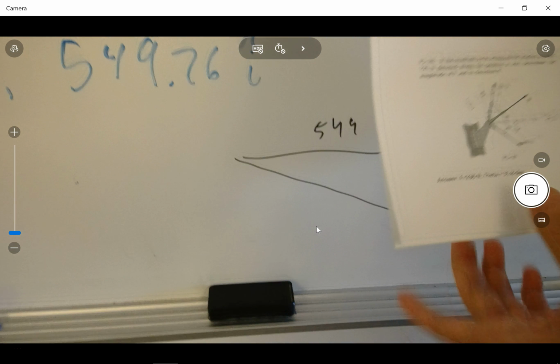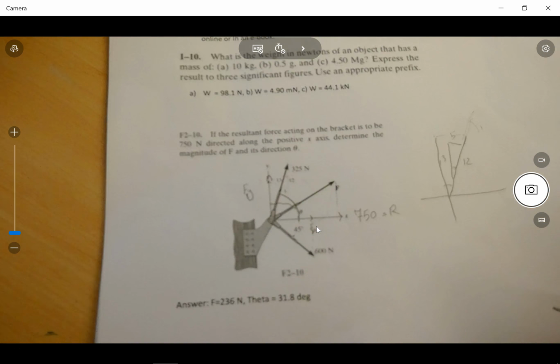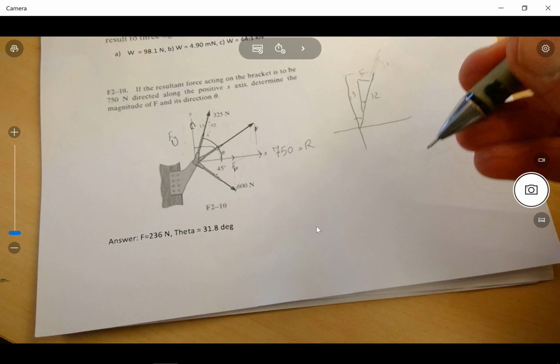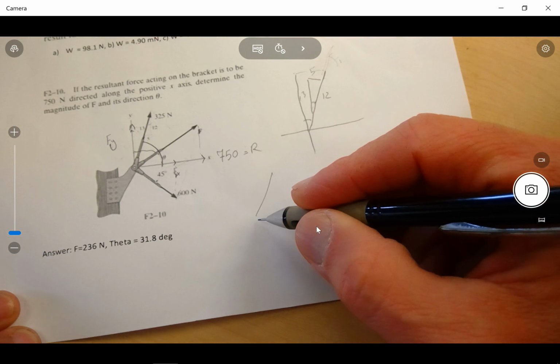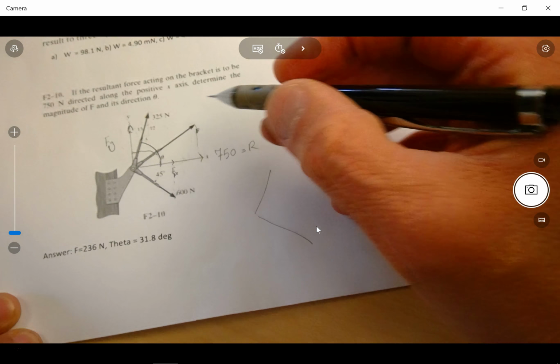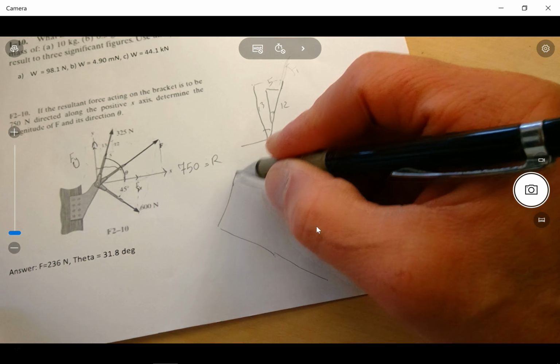Can you show them this one? Yeah, we could do this. Right here, if you just took F1 and F2, you would have this and this. Now this is 325, this is 600. This is actually much bigger if you did it to scale, so it's going to be more like that.